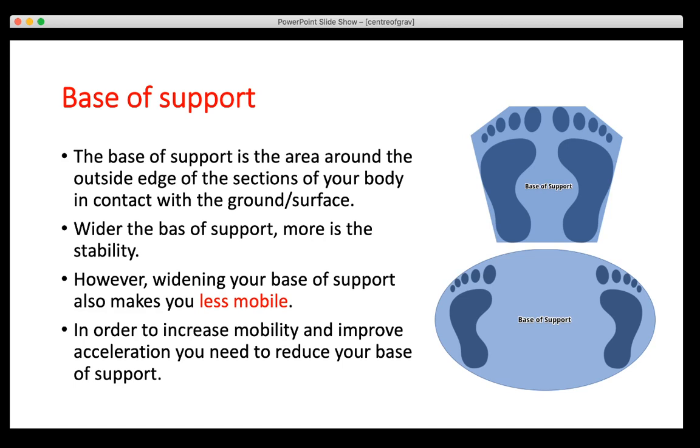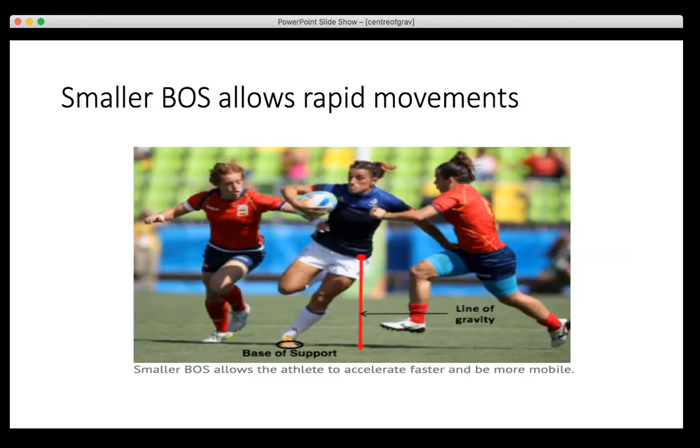On the other hand, if your base of support is more, if you are covering more area, then you will become more stable. However, you will lose a little bit of mobility when you broaden it to a large extent. This point will become clearer when you look at the next sports picture, which will let you know how base of support varies your mobility.